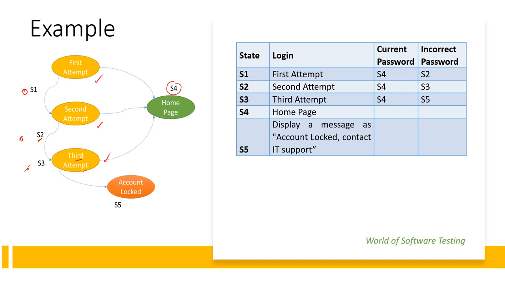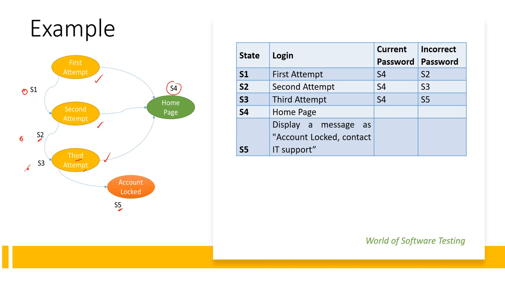In the third attempt, if we enter the wrong password, then the account gets locked, which means state 5 will be reached, and if we enter the correct password in the third attempt, then it will go to the home page. So these are the 3 states we have.